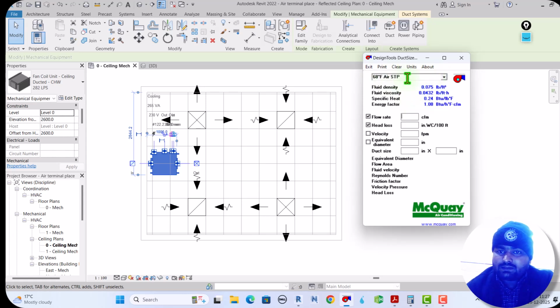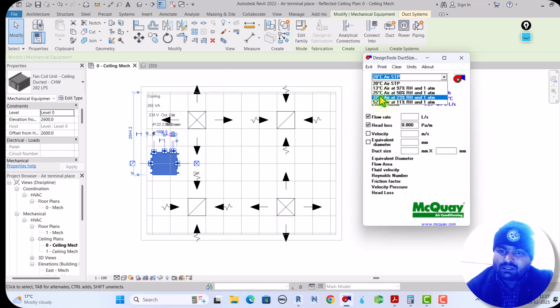See here, the first one, we can change the unit, either metric or US unit. If I select metric, the first one we use is standard. The second one, when we size the supply air, and this one is when we size the return air duct.